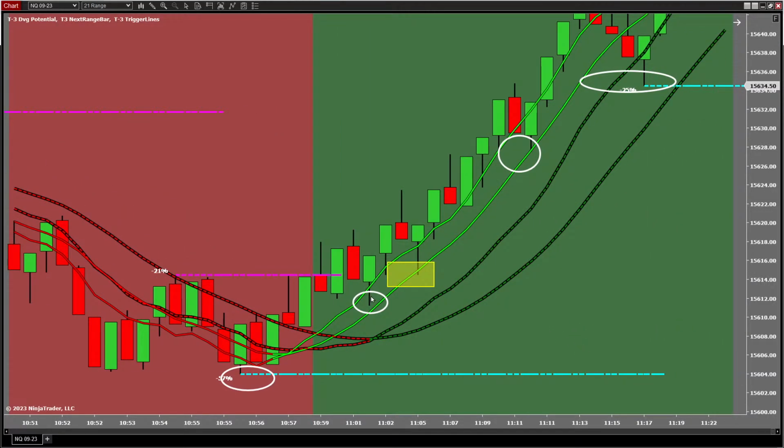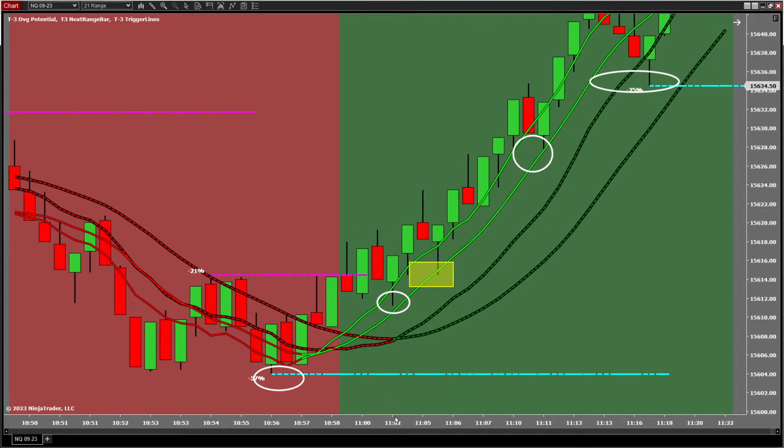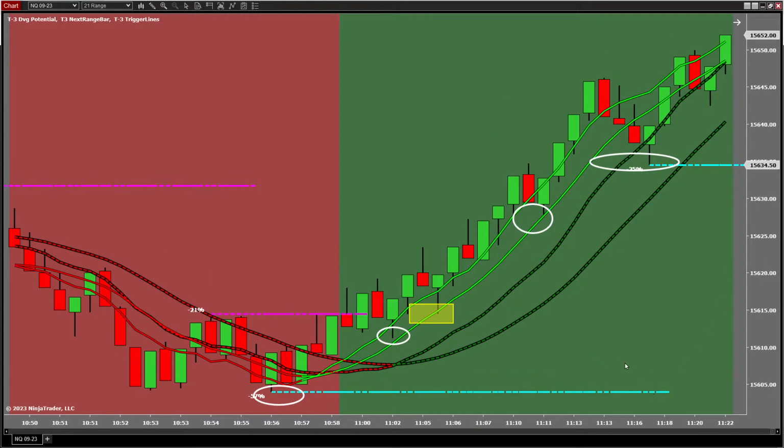Do the trigger lines favor what we were thinking about, which was a good bottom confirmed by higher divergence on the other charts, and then the trigger lines favoring us taking more long trades?